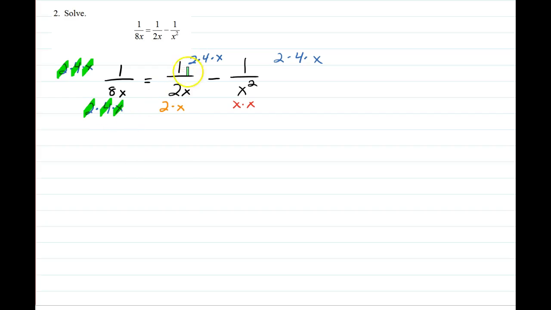Over here in the middle, the 2 cancels, the x cancels. And then I have this 4, that's going to have to multiply the top. And then over here on the right, the 2 doesn't have anything to cancel, the 4 doesn't have anything to cancel, and I only have one x, and so that means I still have a fraction here.